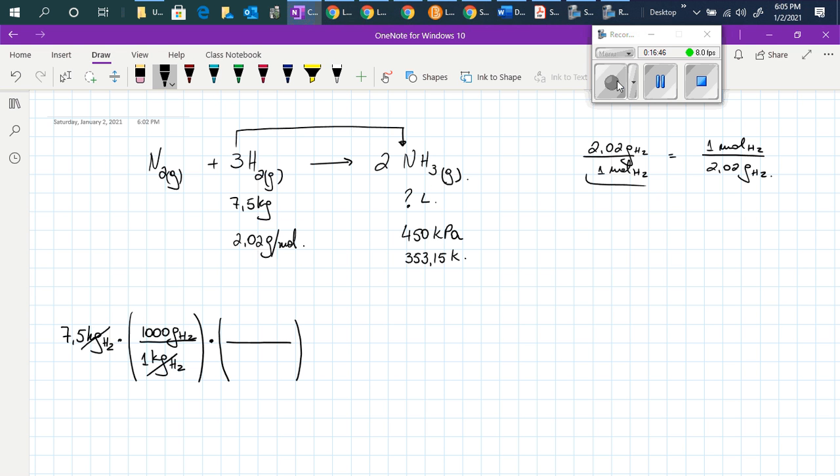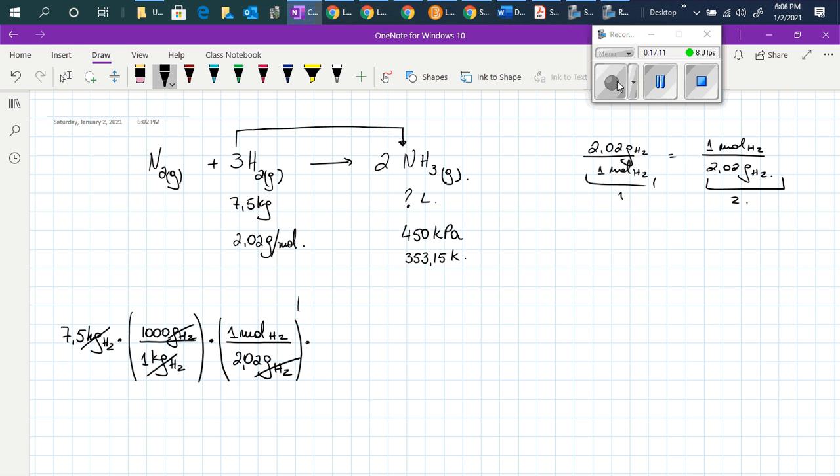So we have two ratios, ratio 1 and ratio 2. So we'll use ratio 2 as 2.02 grams of hydrogen is 1 mole of hydrogen. So grams and grams of hydrogen is cancelled out. Now we have the moles of hydrogen. Okay, up to this point, we have moles of hydrogen.